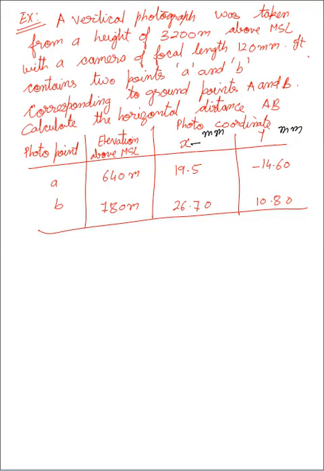Now see here. Suppose this is the ground. The ground points are represented by capital letters. Suppose this is my A point, at an elevation of 640 meter from mean sea level. Obviously the B point will be higher because it is 780.